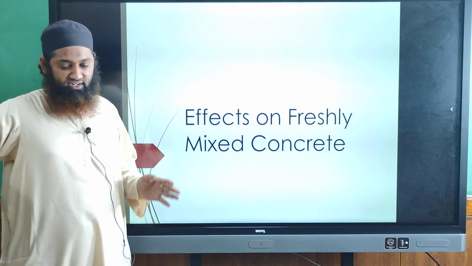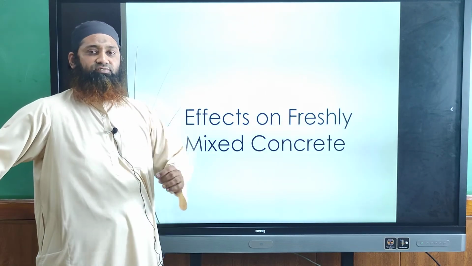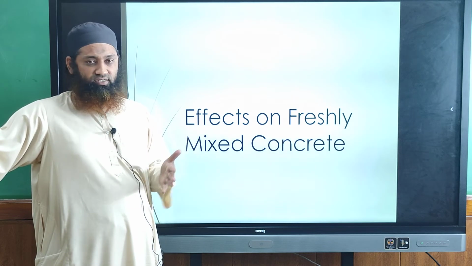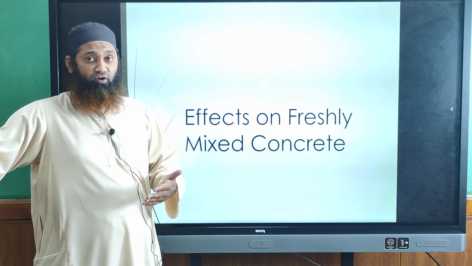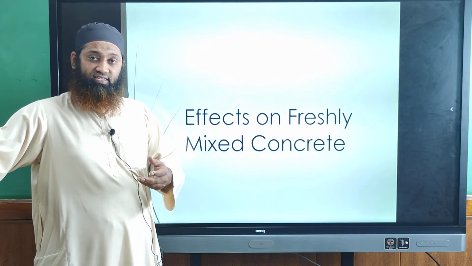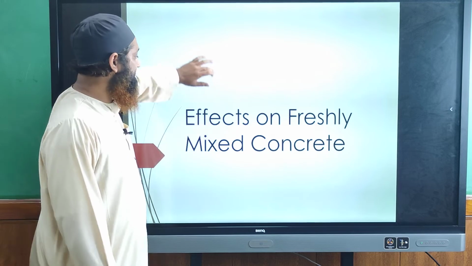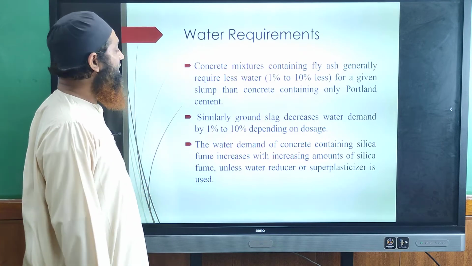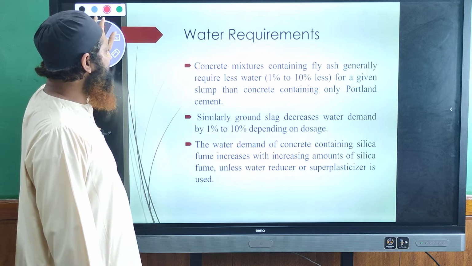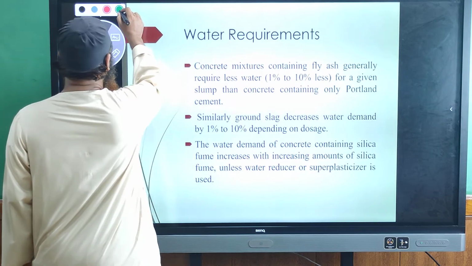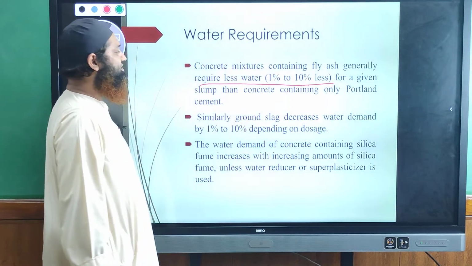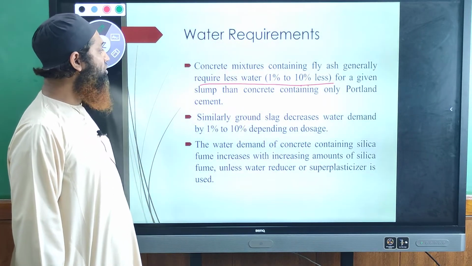Till now we have seen the different cementing materials which can replace cement. Now what is important here? Let us see how they perform in fresh concrete, and how they perform after the concrete has hardened. Let us see the effects on freshly mixed concrete. Concrete mixtures containing fly ash generally require less water, 1 to 10% less for a given slump than concrete containing only Portland cement.